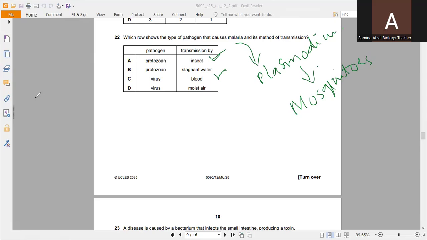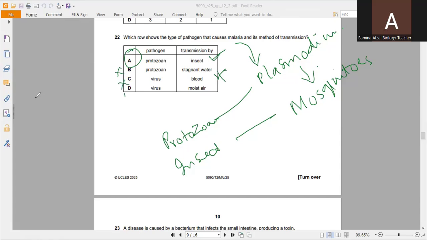So Plasmodium is a protozoan, and a mosquito is an insect. So A is the correct option.